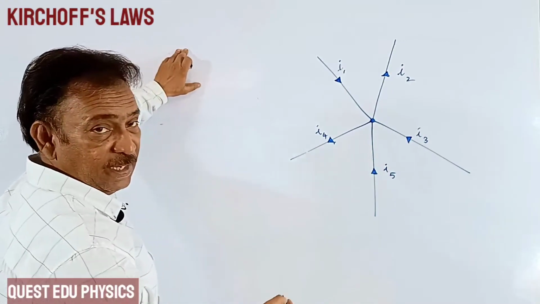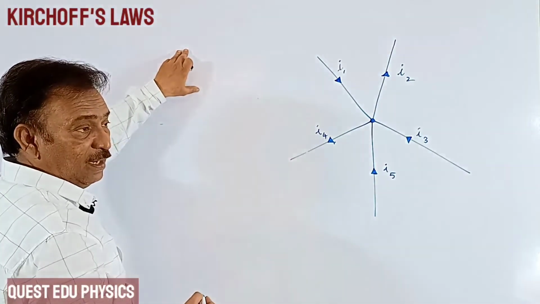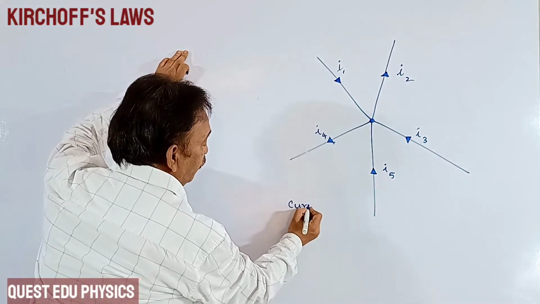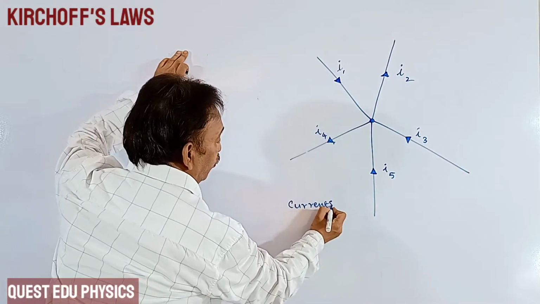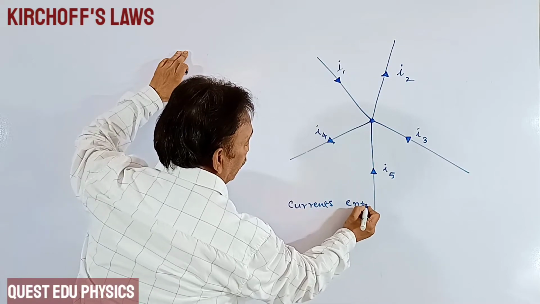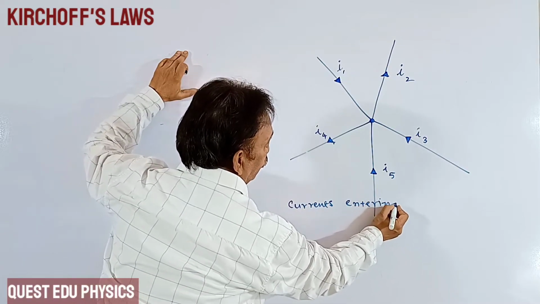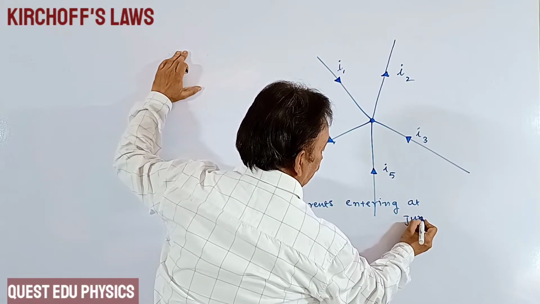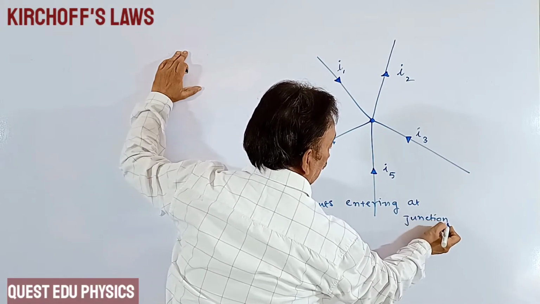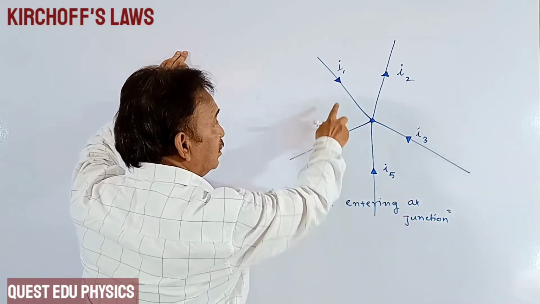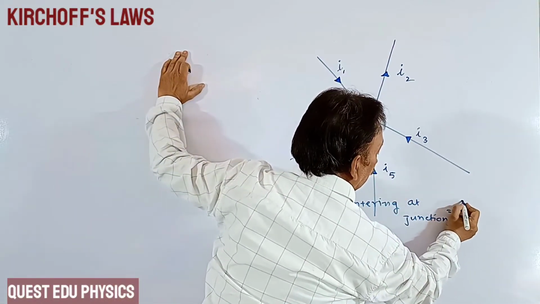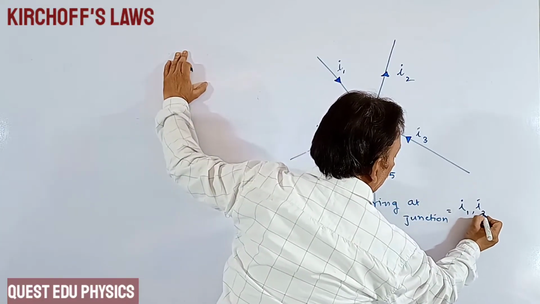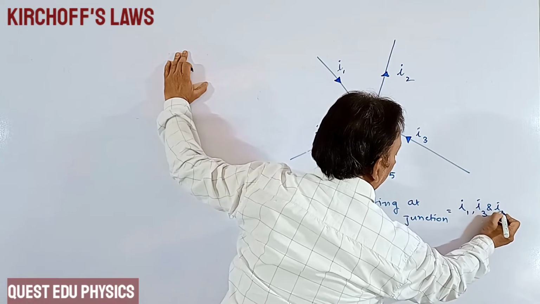Here I am listing the currents entering at the junction: I1, I3, and I5.